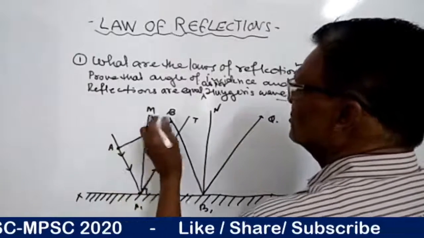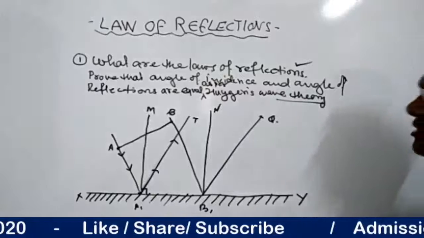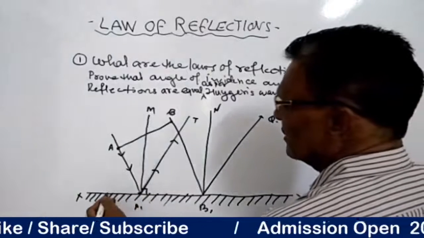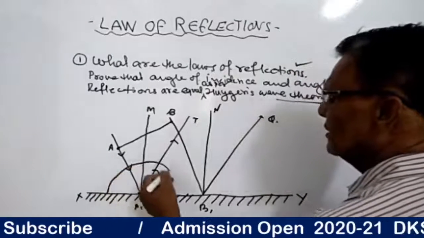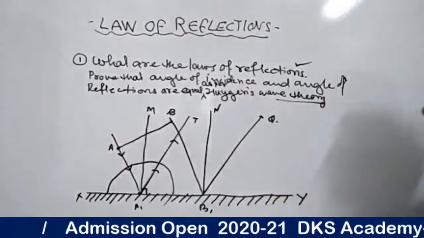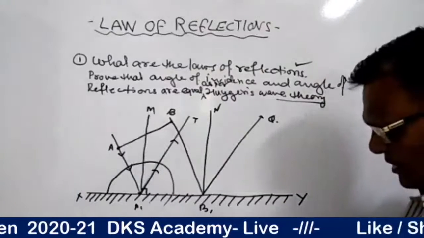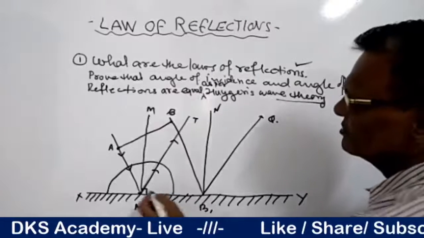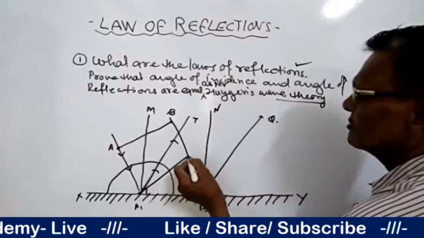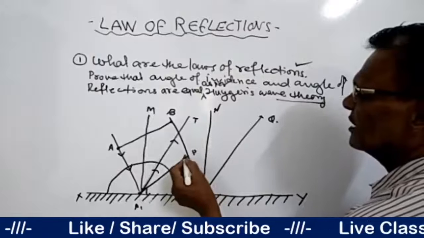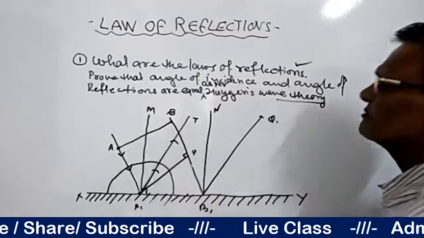So this is your AB, the wave, and in lieu of that here you will get a tangential semicircle, and we will have here a P that is having 90 degrees.